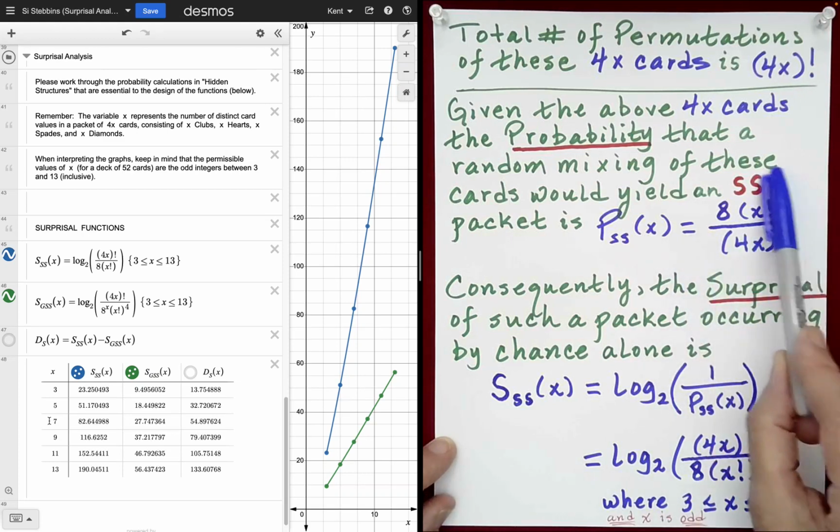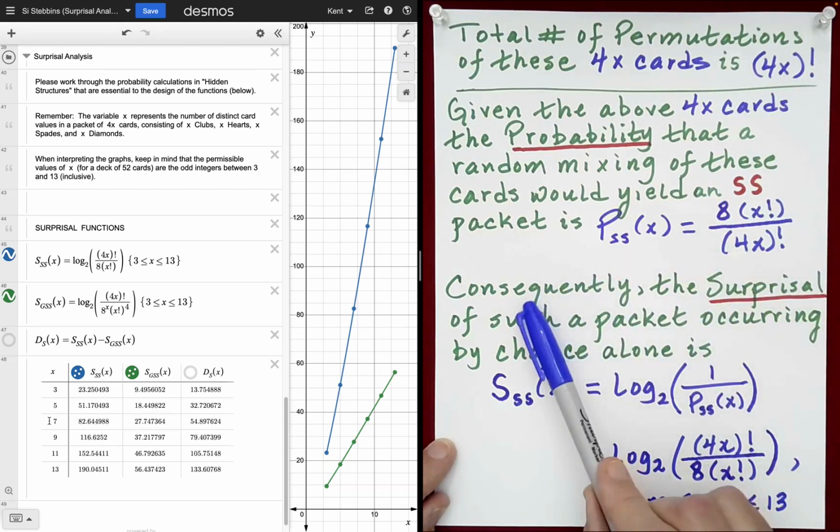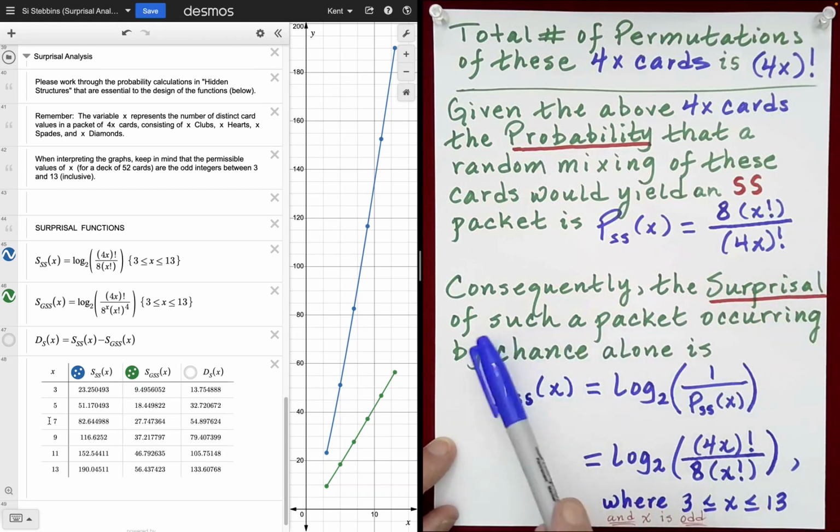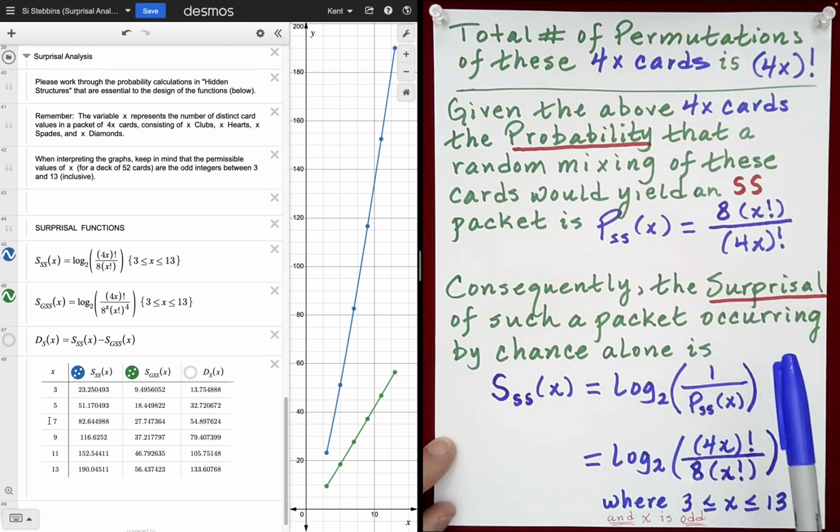That gives the probability. Consequently, the surprisal of such a packet occurring by chance alone is log base 2 of 1 divided by the probability, which is equal to log base 2 of this expression here, where once again x is an odd number between 3 and 13. So this gives the derivation for the first surprisal function in our Desmos activity.